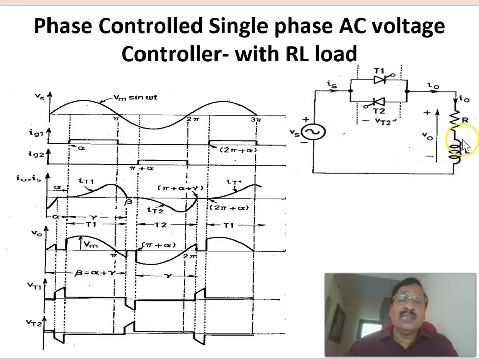Here, the difference is that, for example in this case, the input voltage goes negative after this pi radians. But because of this inductance, the inductive energy will be there.